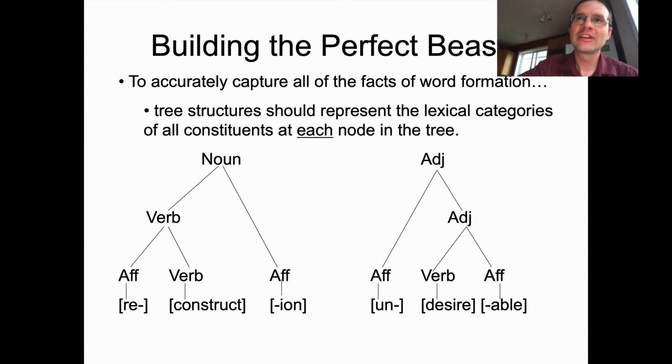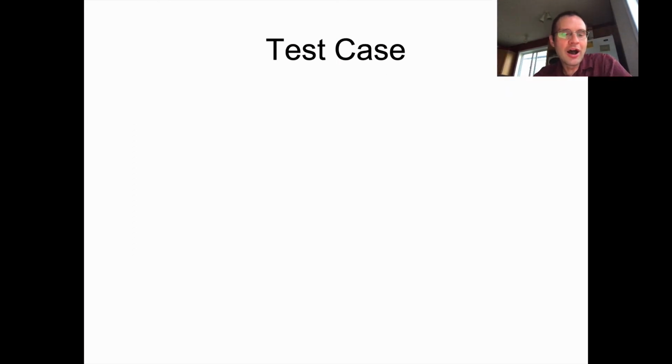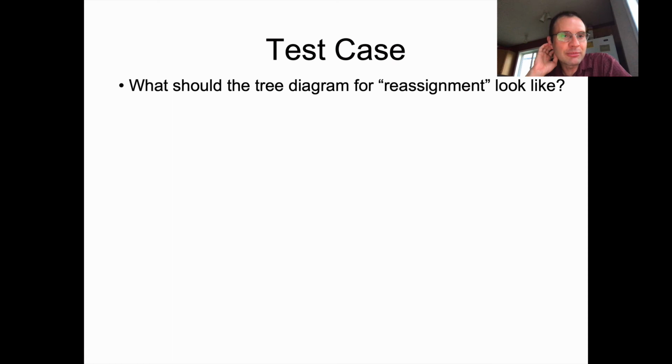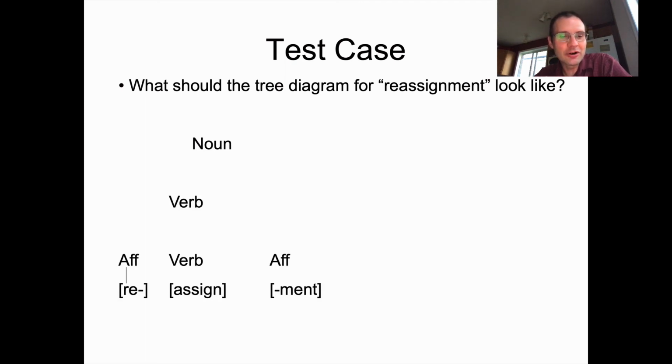Building the perfect beast. Okay, so we'll walk you through a couple of other test cases here. Let's look at reassignment, which is a similar word. Normally I would ask this in class, and somebody would walk me through it. But it's going to be pretty similar to what we saw before, because we're going to take a verb, assign, and then we're going to reassign something.